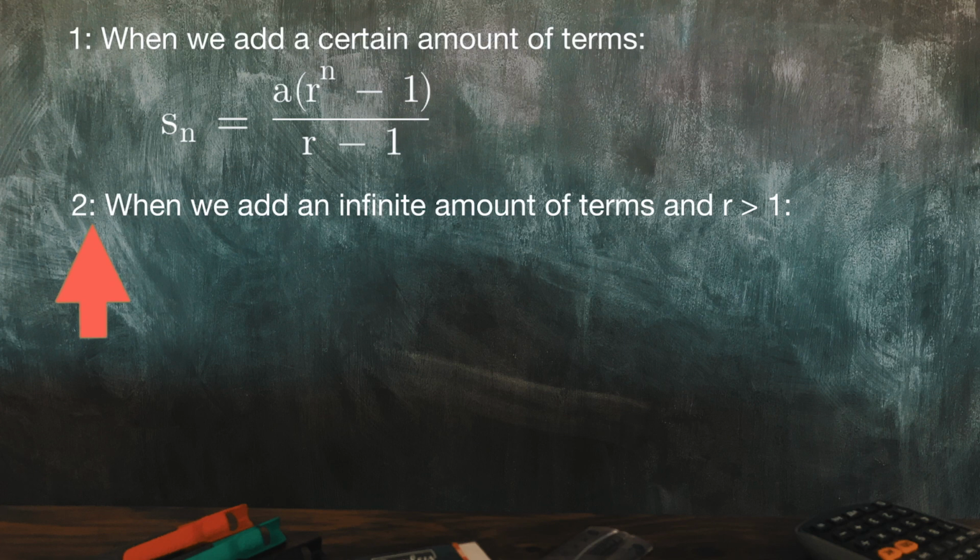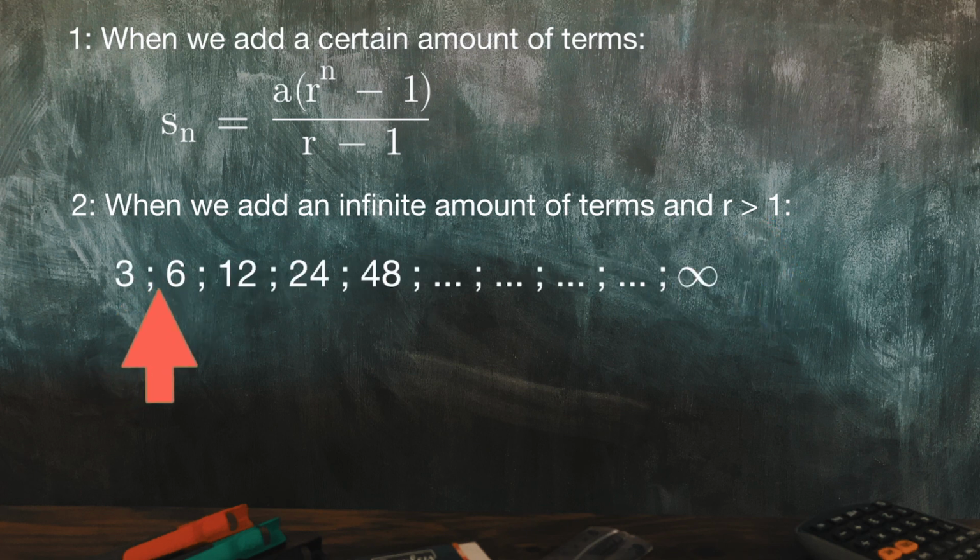Okay, let's move on to point 2. What do we do if we have a geometric series and we add an infinite amount of terms, but the constant ratio is greater than 1? Here we have a geometric series and we want to add all of these terms up to infinity.